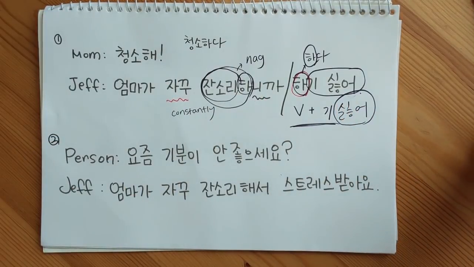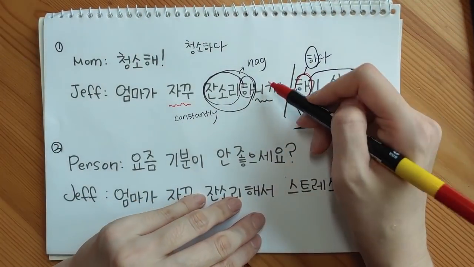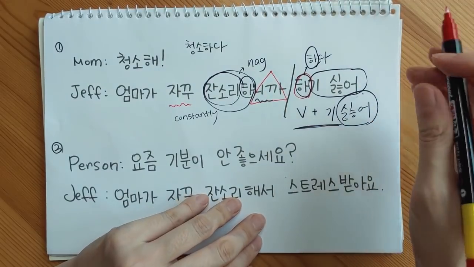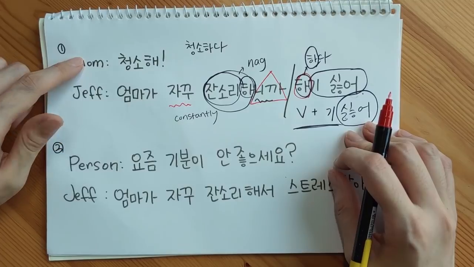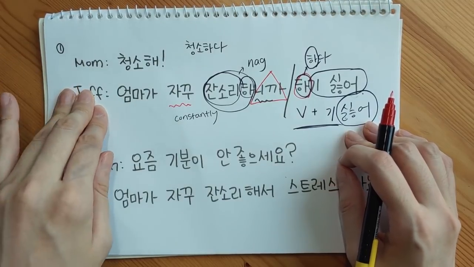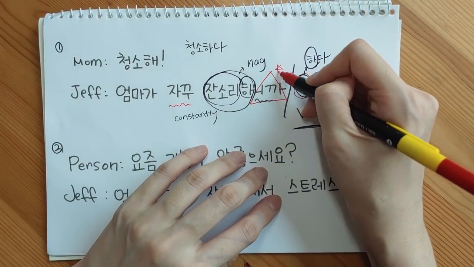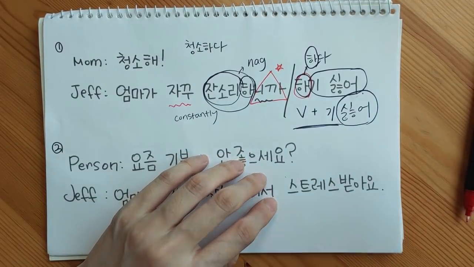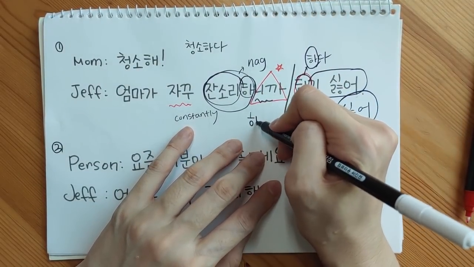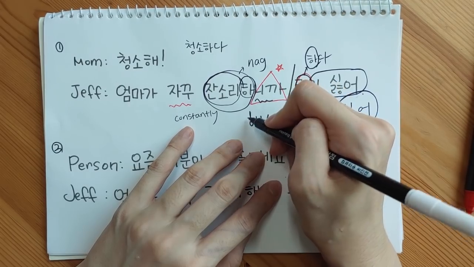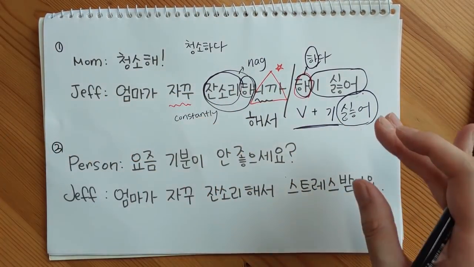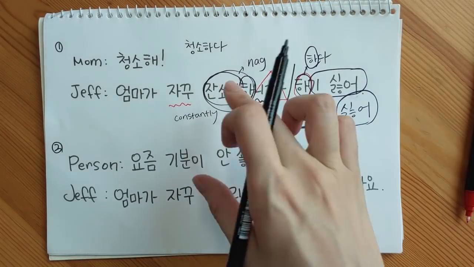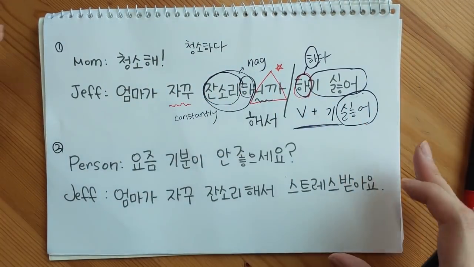Mom constantly nags. And here 니까 is used because both mom and Jeff know that mom is constantly nagging Jeff, right? So here in this context, 니까 is okay. And as we learned, it's also okay to say 잔소리해서. They are interchangeable when in the context of the other person already knowing what's stated in the reason.